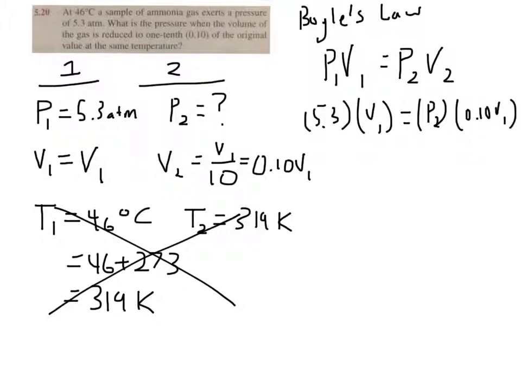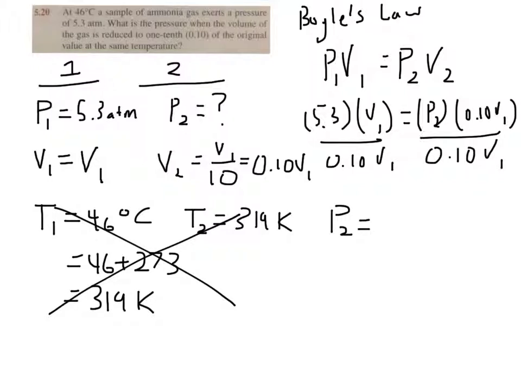Now what are we solving for? Let's look at the problem. It says, what is the pressure? So we're solving for P2. So we divide to get P2 by itself. We divide by 0.10 V1.